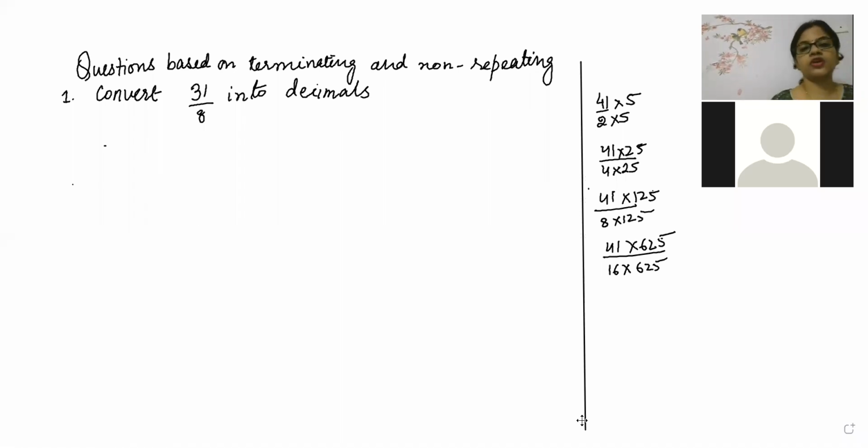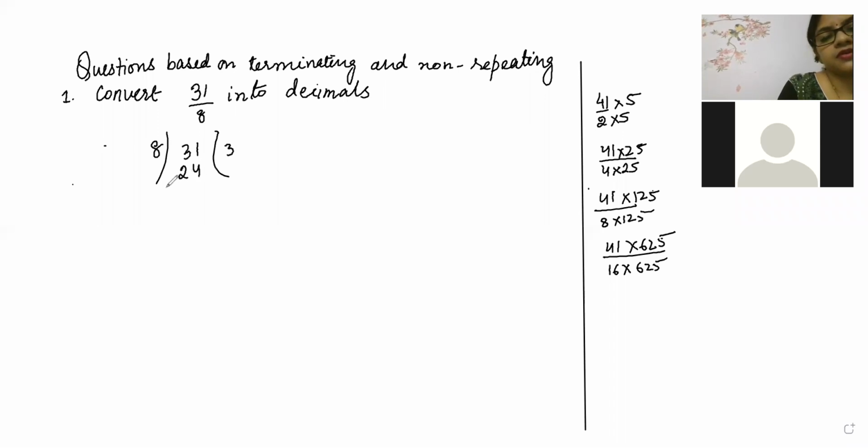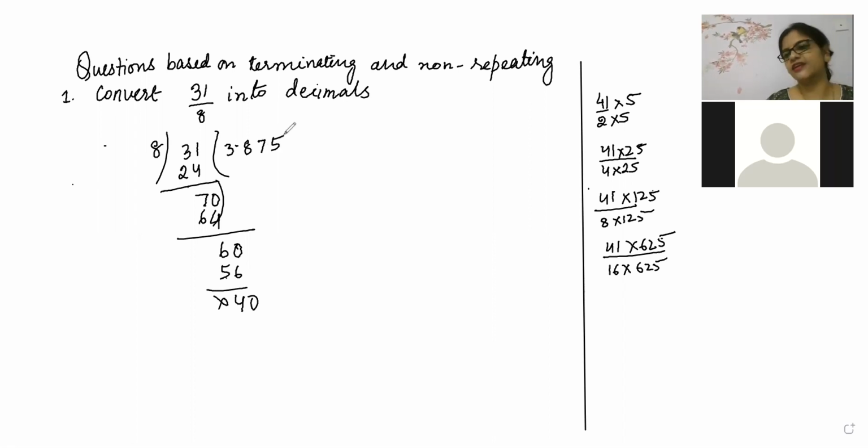So 31 and 8 is there, so we will go by using the long division method. 8 will be exactly dividing 31. So 3.875. Correct.